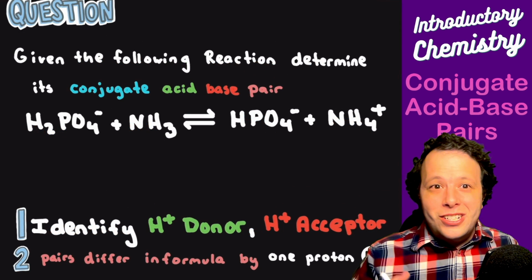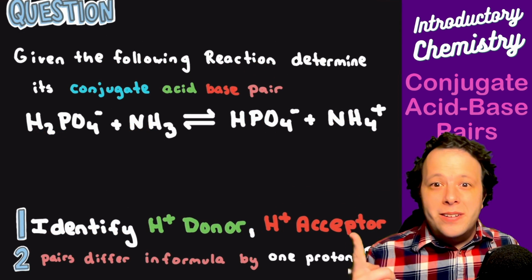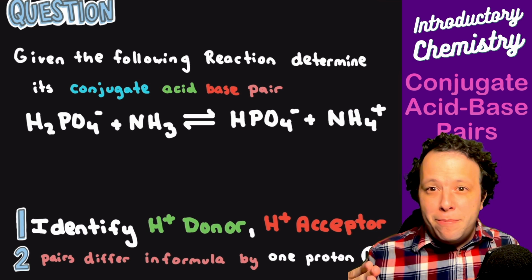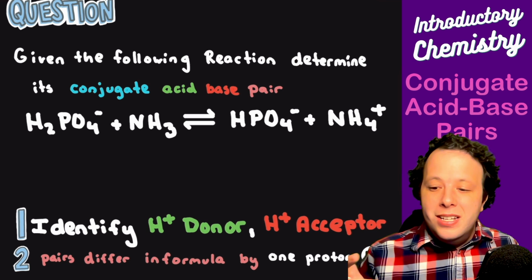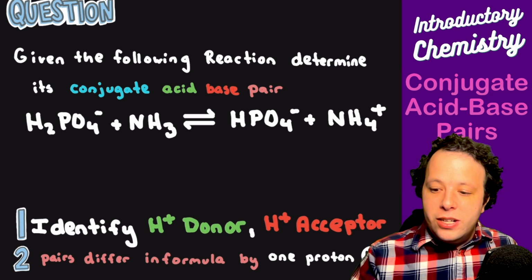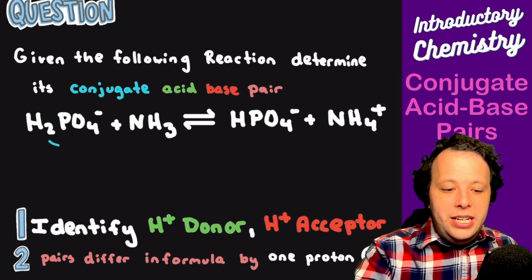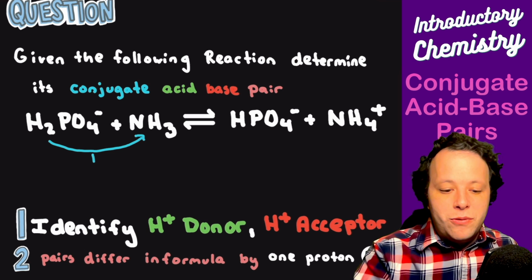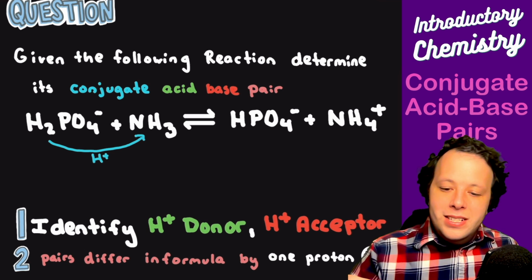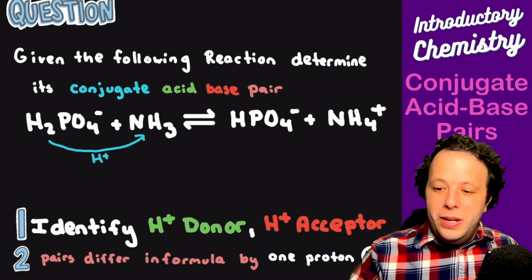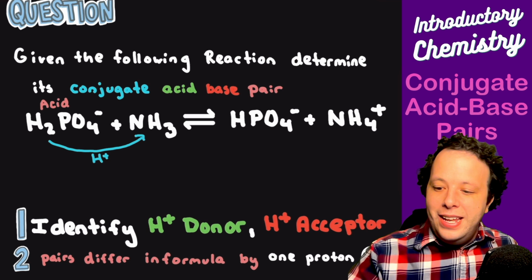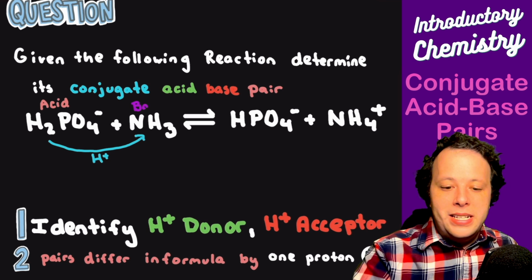Given the following reaction, determine its conjugate acid-base pair. The first thing we have to do is identify the donor and the acceptor of the protons. Where is our acid? We can see that H2PO4 is donating its proton to NH3 in this case. So to label that, H2PO4 is our acid and NH3 is the base.